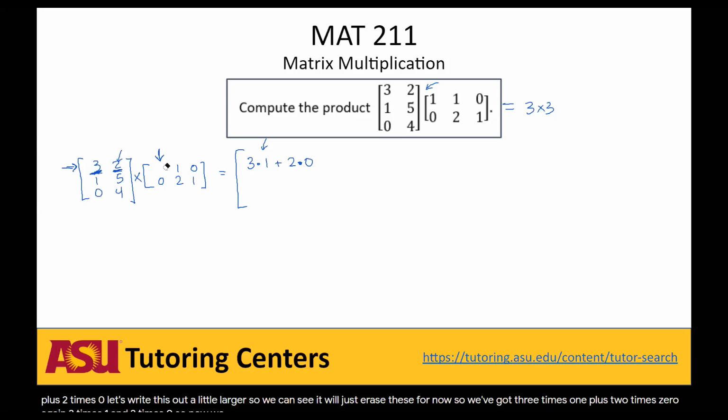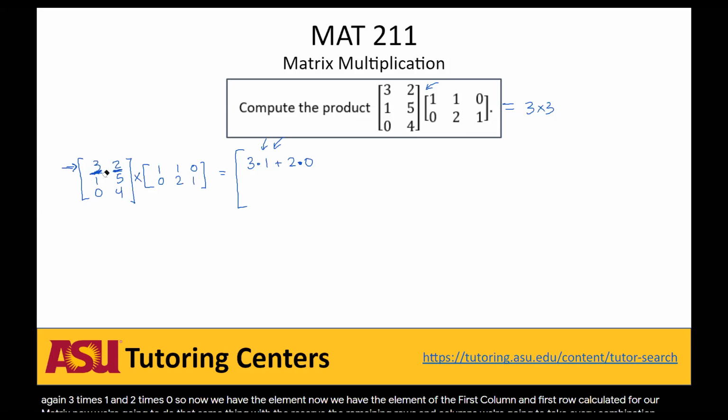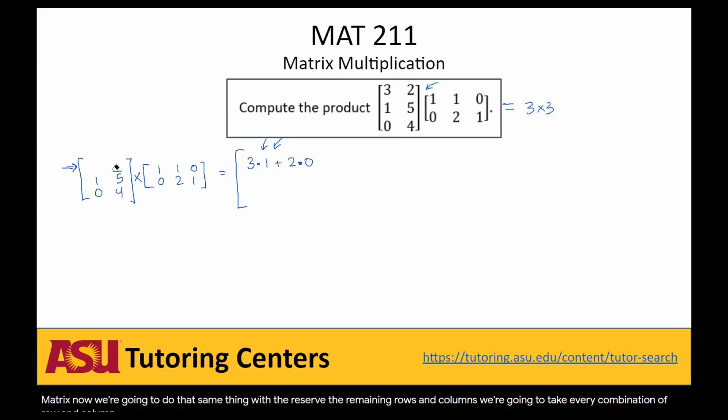So now we have the element of the first row and first column calculated for our matrix. Now we're going to do that same thing with the remaining rows and columns, taking every combination of row and column. Let's clean this up a little bit too. We've got 3, 2, and 5 here. That's a 5.